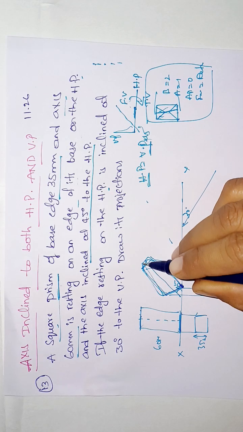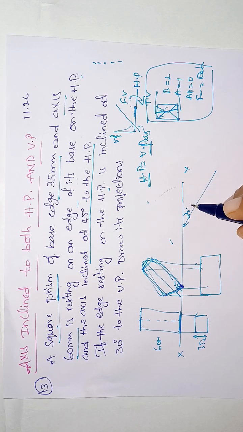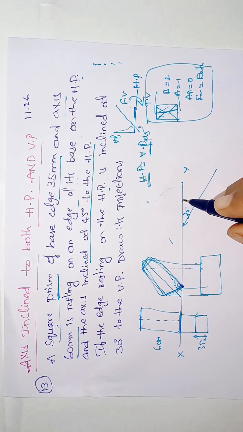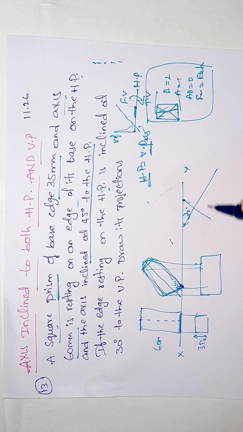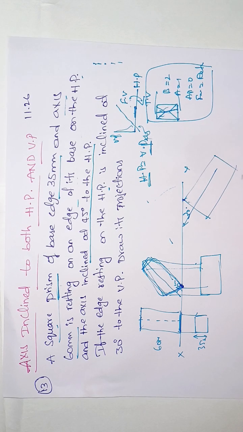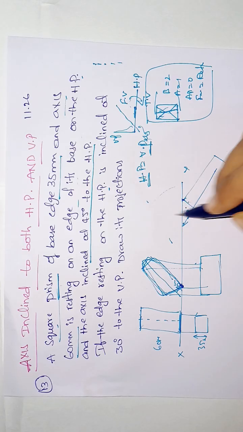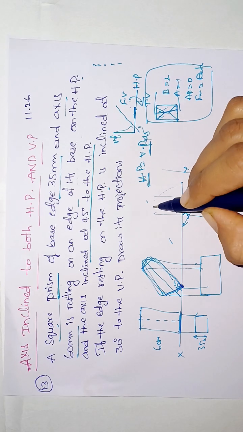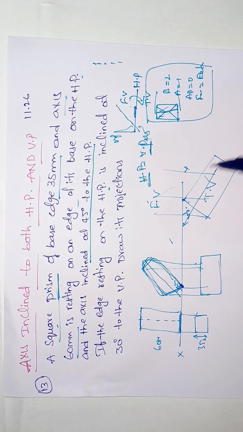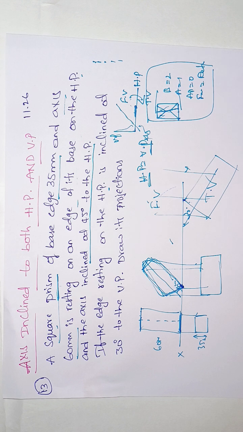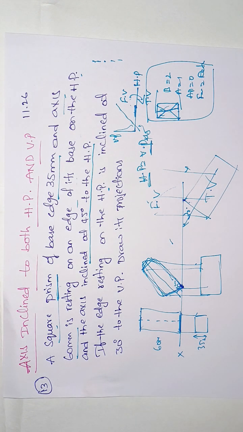So place the same object at the 30 degree angle, this one is the axis, and mark the points A, B and C, D and E, F. Then project upside, and you get the front view, and this one is the top view.